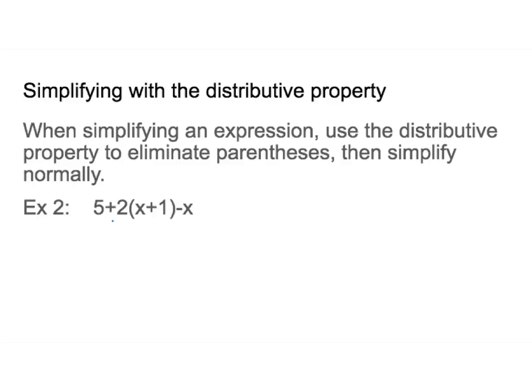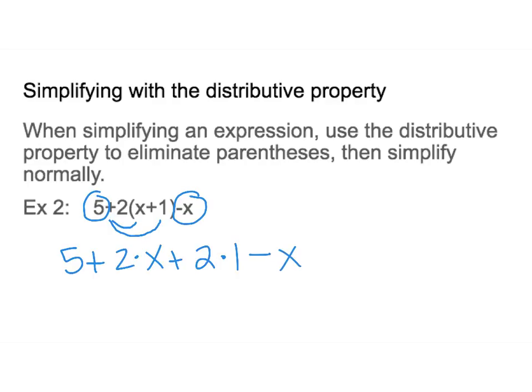Okay, so my first step, I'm going to apply the distributive property to the 2 times x plus 1. That gives me 2 times x plus 2 times 1. Now I can't forget about the other parts of the expression, so I'll include those with it as I go. Now I'm going to simplify. Do the multiplication first. That gives me 2x. 2 times 1 is 2.